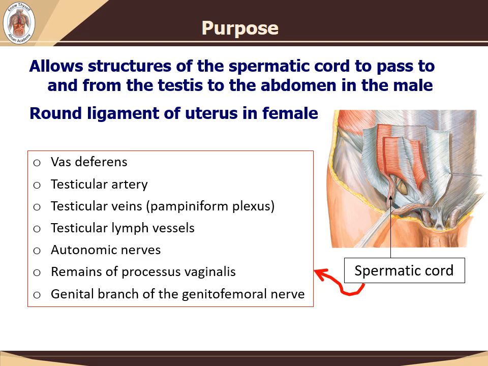All these we will find in some sheaths, the spermatic sheaths of the spermatic cord, and we have already discussed that a few fibers of the internal oblique join this sheath, that is the cremasteric muscle. Together they cover all these structures and run through this canal in the male. In the female, this canal is very narrow and the main structure is the round ligament of the uterus.